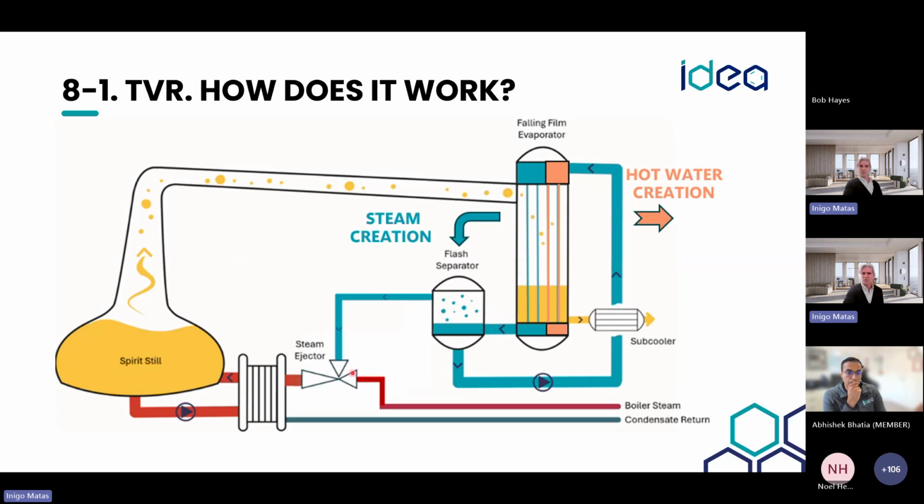So what we are doing is mixing those low pressure, low temperature vapors with motive steam coming off the boiler. By mixing both, we can recover all the heat that was coming from the condensation of the vapors and send it back into the process. So the two main elements are this falling film evaporator and the ejector, where we are mixing those two streams.